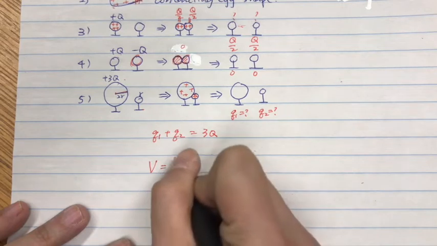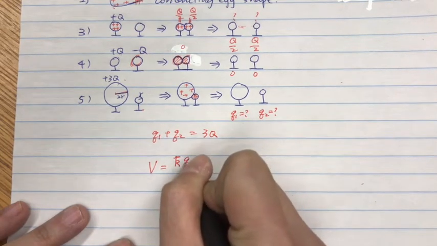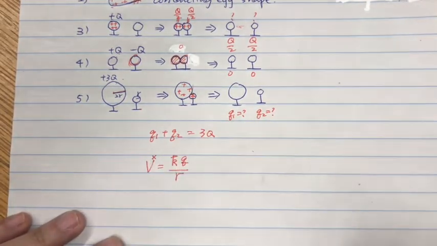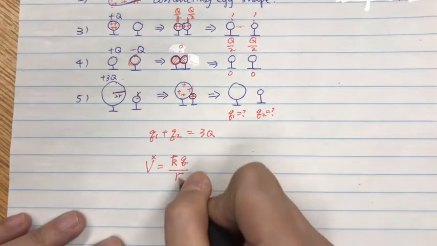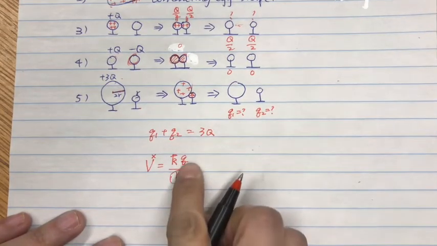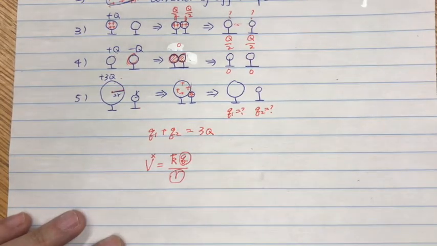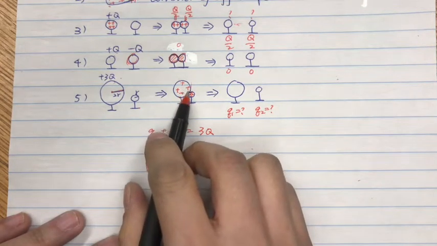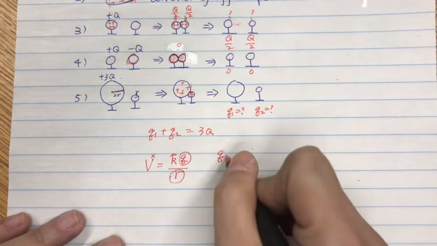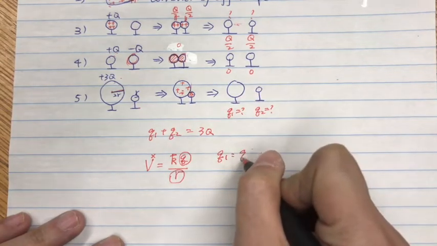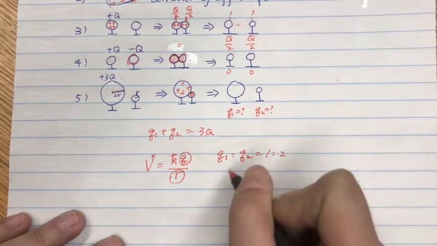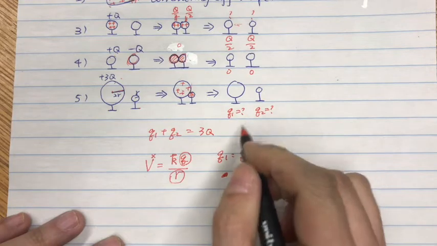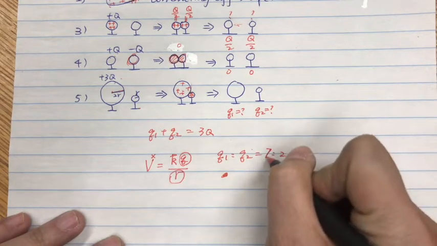Potential of the ball is V equals KQ divided by R. Since the potential is the same, the larger R will carry larger Q. Because this one has a radius twice as large as this one, Q1 compared to Q2 should be 2 to 1, because Q1 is larger, sorry.